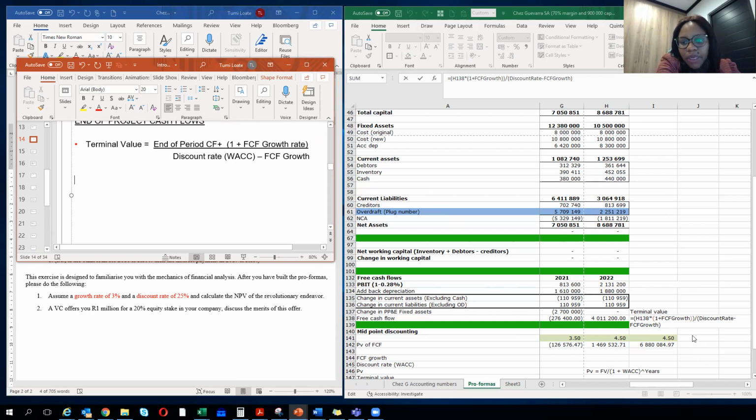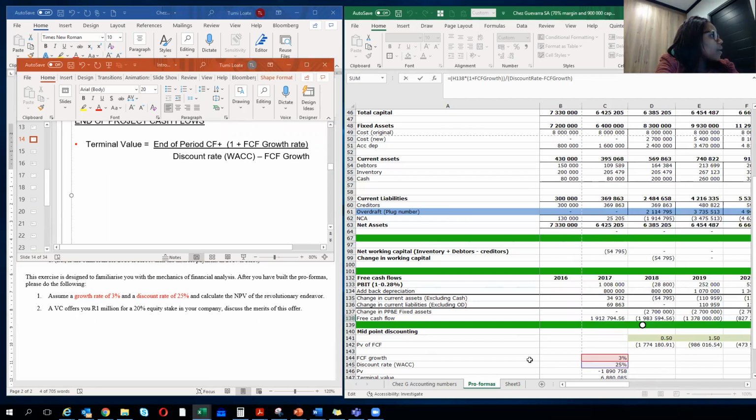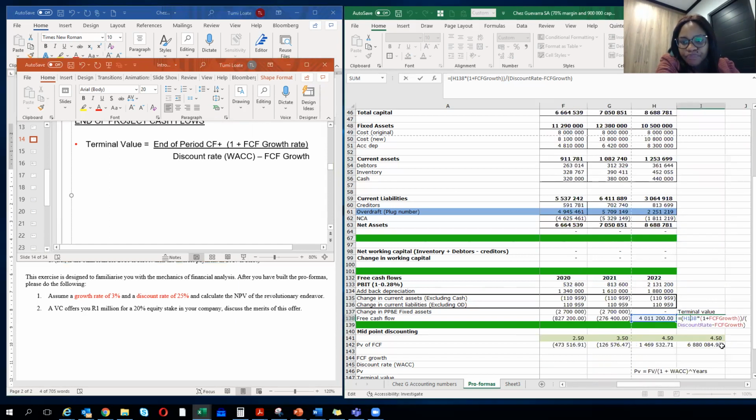It's pulling these figures down here, the discount rate less the free cash flow growth rate. All it is, it's pulling these figures from here, the 3% and the 25%, which is what is in the question here on the left. We get to a terminal value, which is the huge value that's going forward, of around 18 million rand.